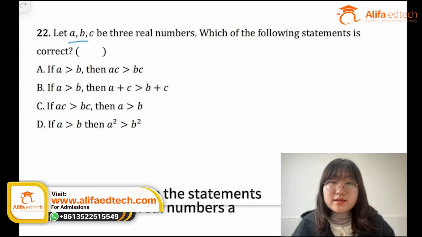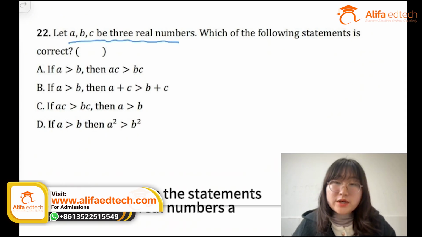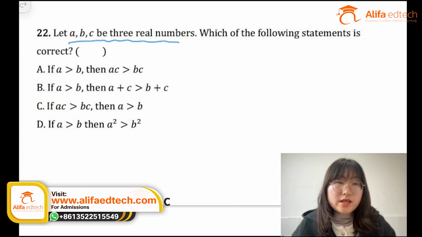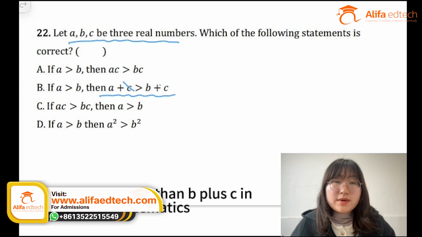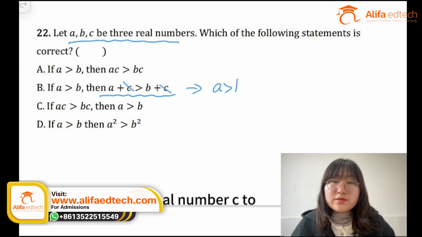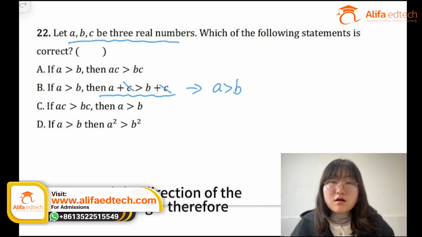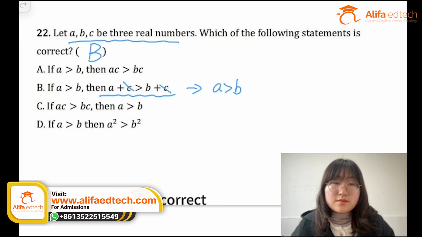We need to evaluate the statements about 3 real numbers, A, B, and C. Let's look at option B. It states that if A is bigger than B, then A plus C is greater than B plus C. In mathematics, adding the same real number C to both sides of an inequality always preserves the direction of the inequality sign. Therefore, option B is correct.